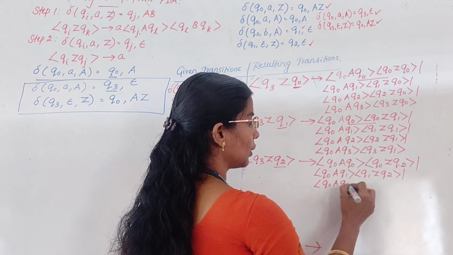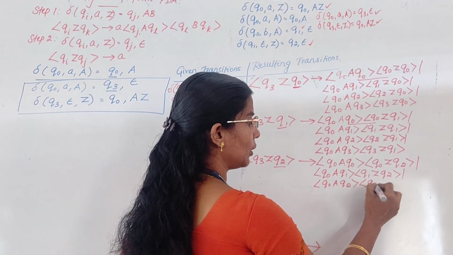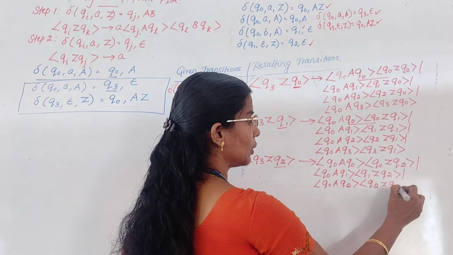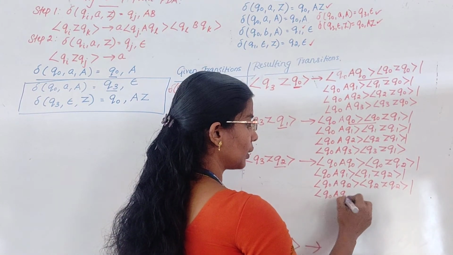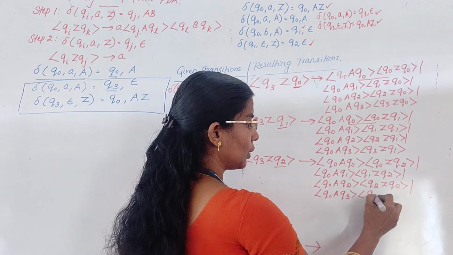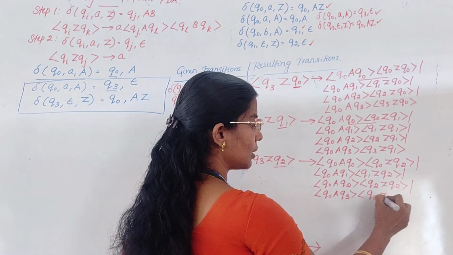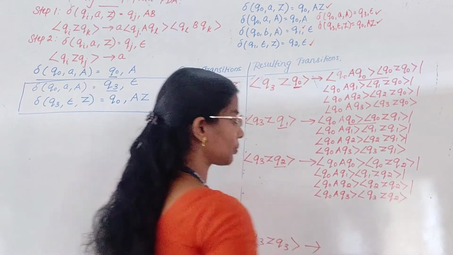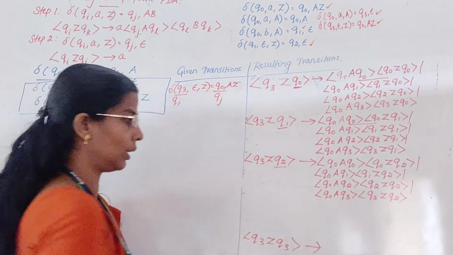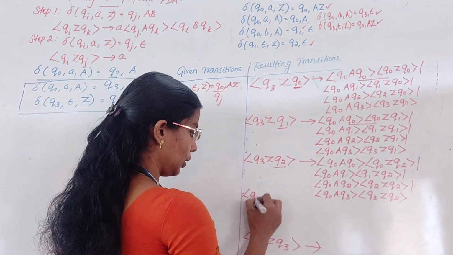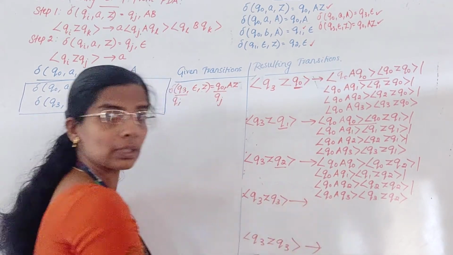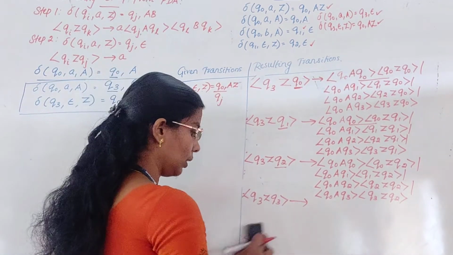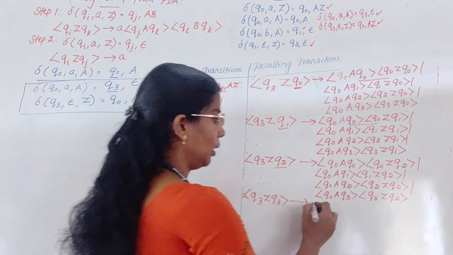Q0, A, Q2, set Q2. Next, Q0, A, Q3, Q3 set Q2. Next one, Q3 set Q3. This I have written here.